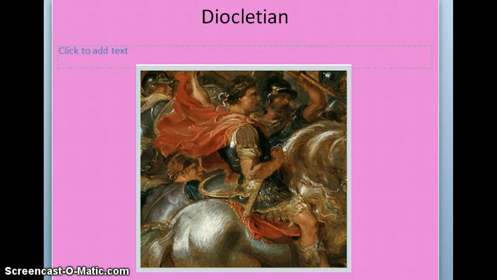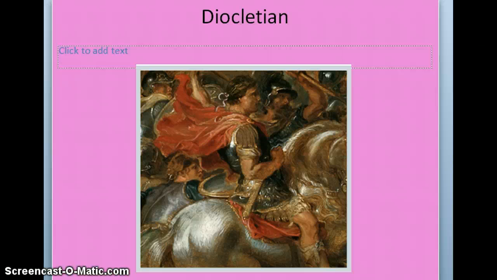So the Roman Empire was ginormous. Now, during this time, Diocletian was the ruler of the Roman Empire. He couldn't keep up with such a huge area. So he thought, what do I need to do? I need to protect my people. So he divided it into parts and named a co-emperor, kind of like two coaches, or, like on a baseball team, you have your head coach and your assistant coach. He named an additional leader to help him out because he wanted to protect the entire Roman Empire.